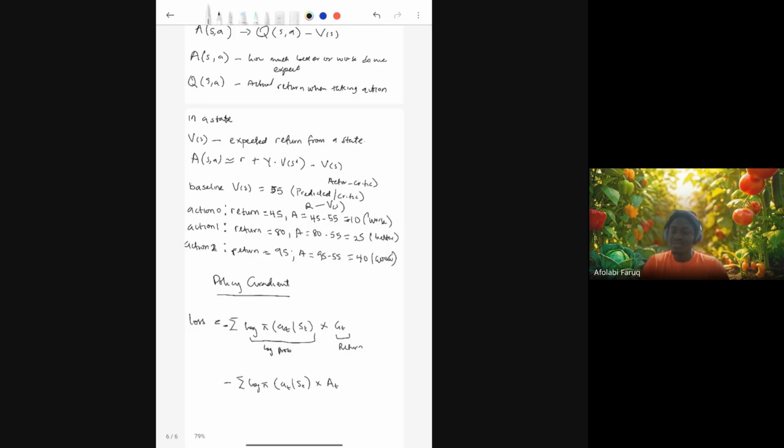We multiply it with the return, and also by minus, such that we can maximize the reward, and then the optimizers that we are going to be using will help to minimize the loss.